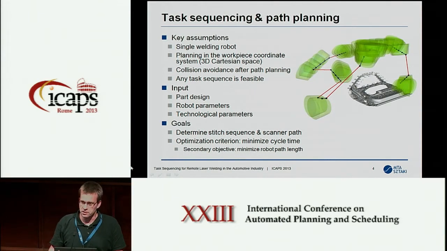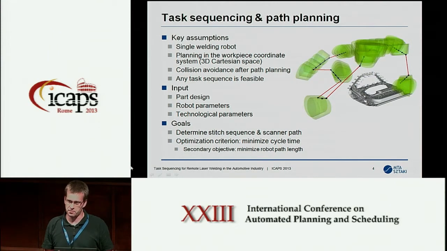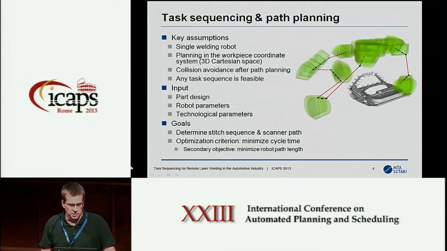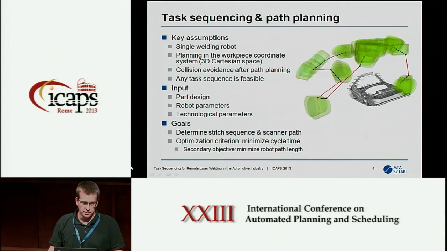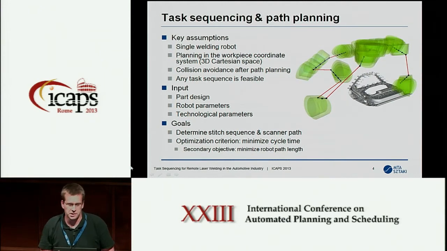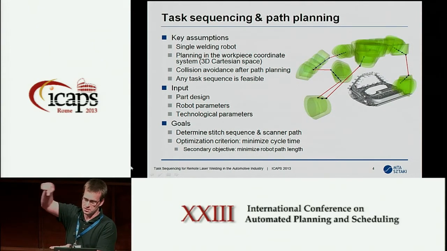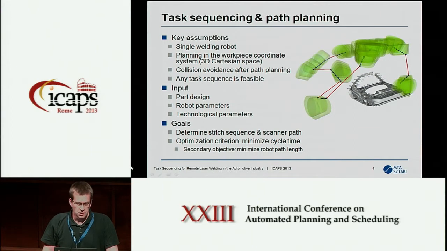Okay, so then our input consists of the part design. It also includes the set of welding stitches that must be processed. So these are our welding tasks. And a couple of robot and technological parameters. Most importantly, these parameters include a maximum inclination angle, so that is the maximum difference between the laser beam and the surface normal, and also the minimum and maximum focus length.